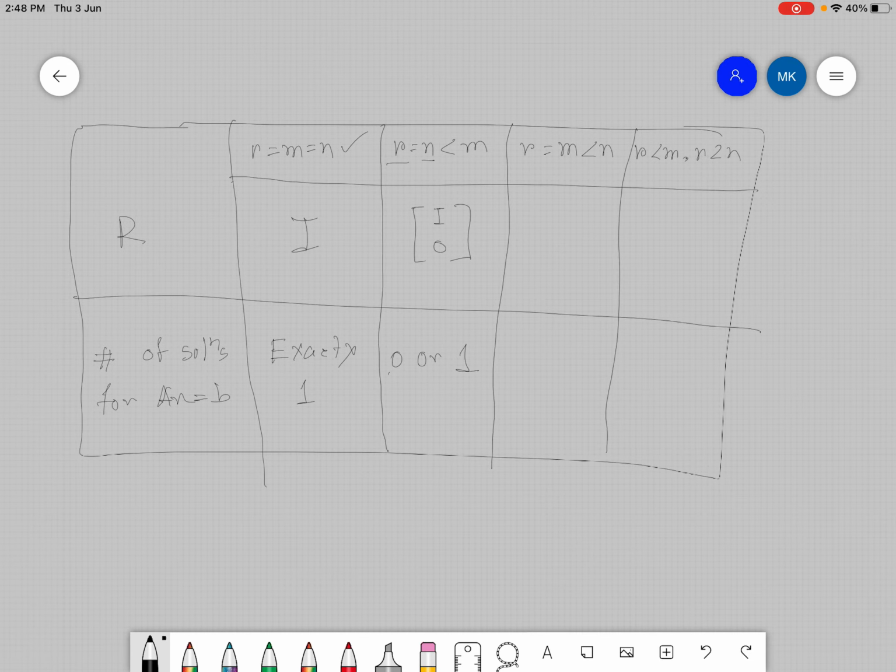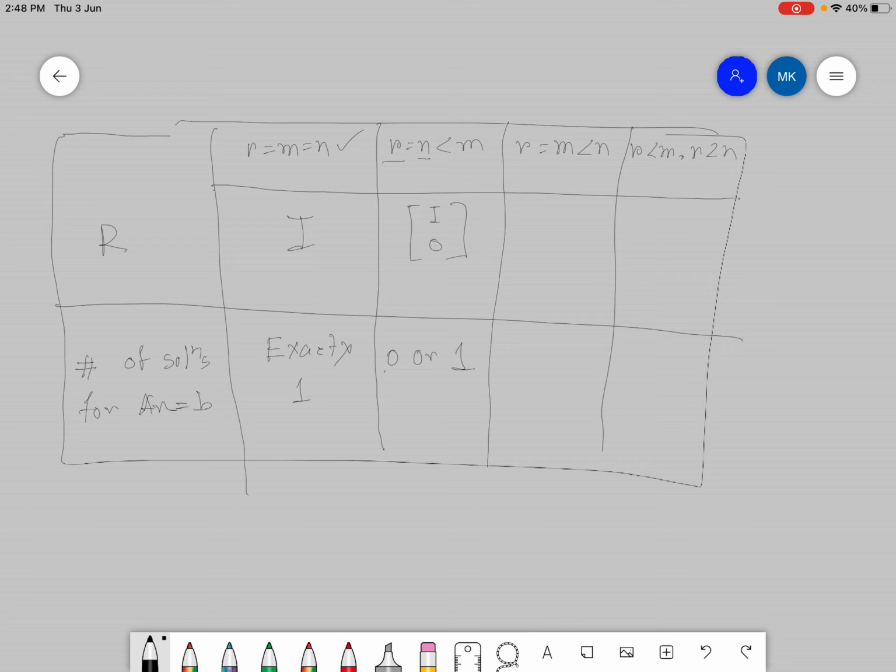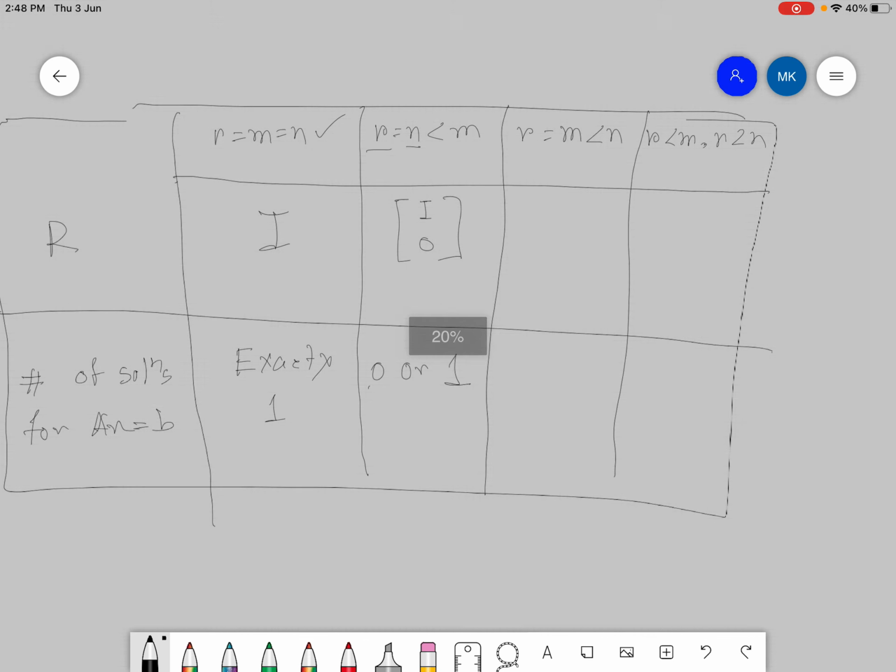In case of full row rank matrix, we saw that it has the structure of this one, and as you have full row rank and the null space is not empty, you will always have infinitely many solutions.